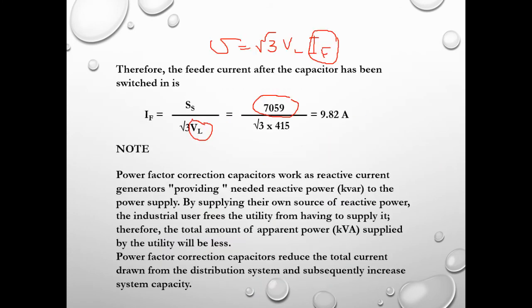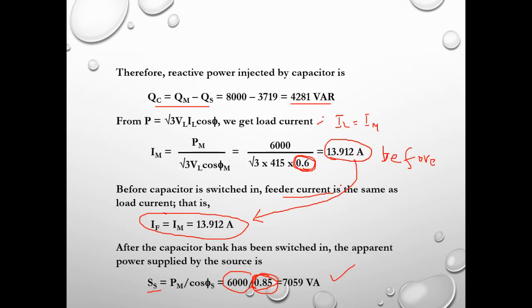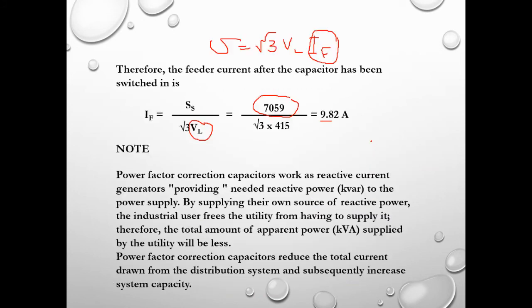Then the new IF, or the feeder current, is actually 9.82 ampere, which is much lower compared to the current before we switched in the capacitor. Before, it was drawing 13 or almost 14 ampere compared to only 9 or almost 10 ampere.